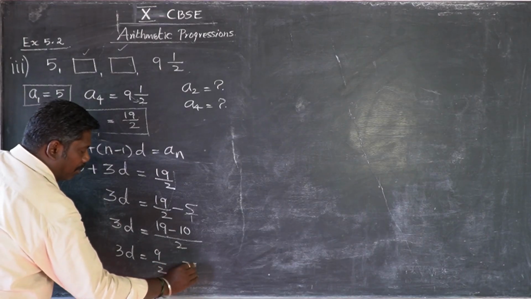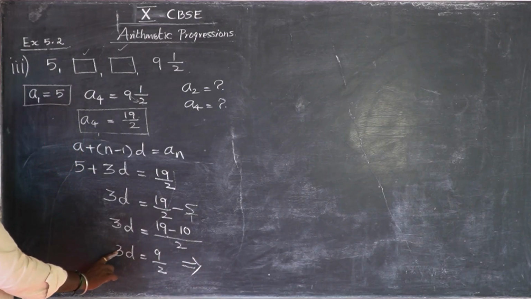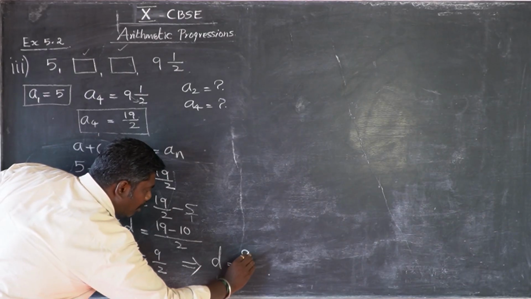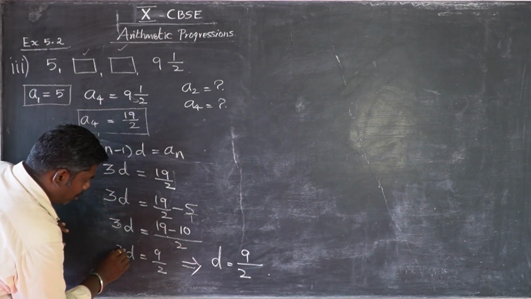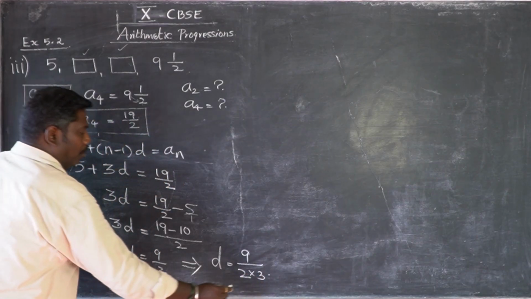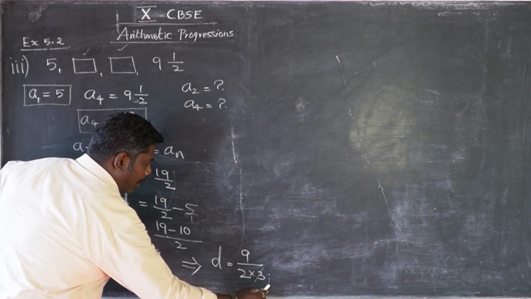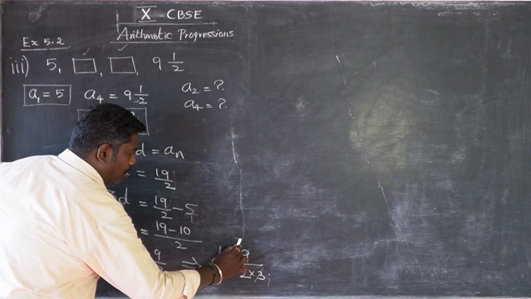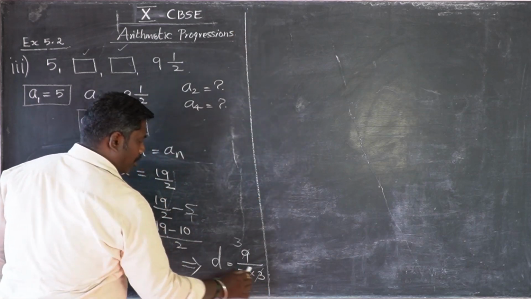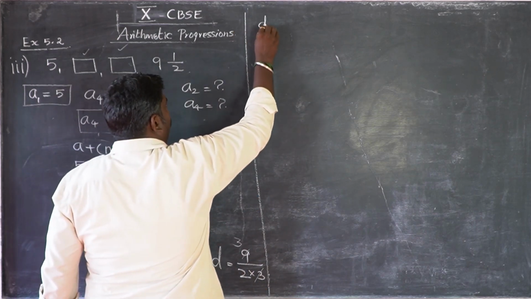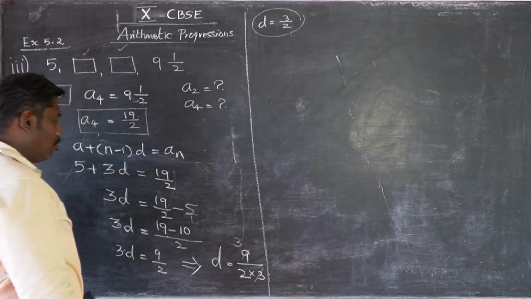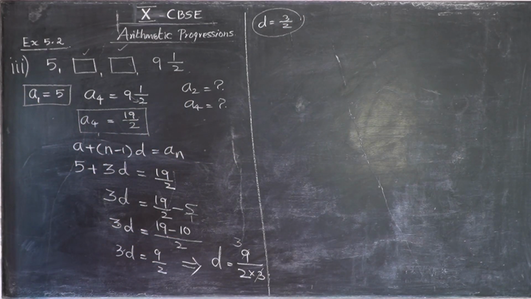So here this 3 changed into the right hand side becomes division. So D is equal to 9 by 3 changed into the right hand side. Now we can simplify. 1 3 is 3, 3 3s are 9. So finally the D value is 3 by 2. Common difference is 3 by 2.